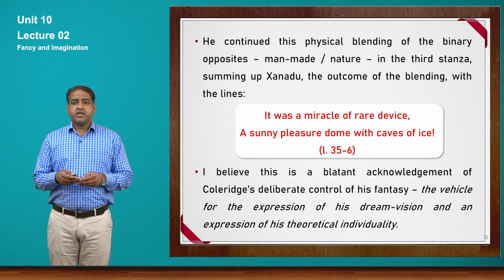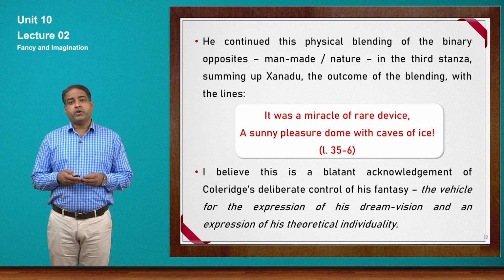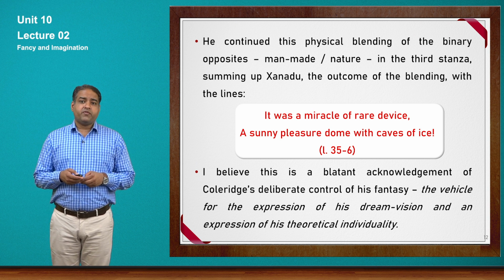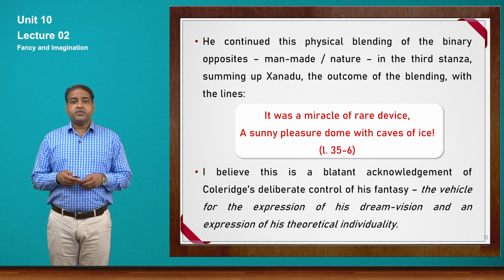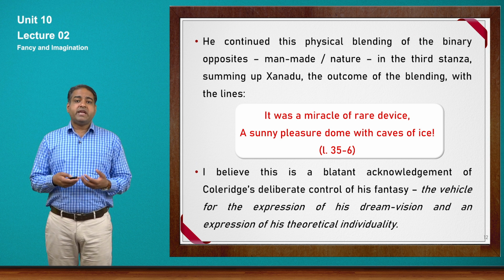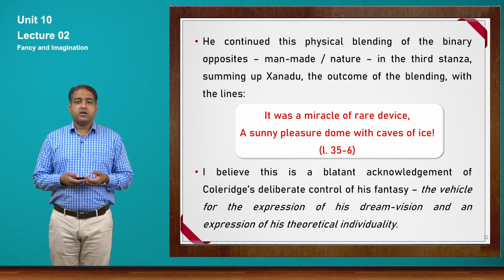He is trying to create a poem which is an expression of the dream vision of the poet's world and an expression of his theoretical individuality, suggesting that the poet is a staunch believer in individuality, which is why he wishes that everyone must see similar kinds of dreams and create his or her own fanciful world and imaginative ideas, which Coleridge was able to create under the influence of opium, and then this beautiful poem Kubla Khan was constructed.